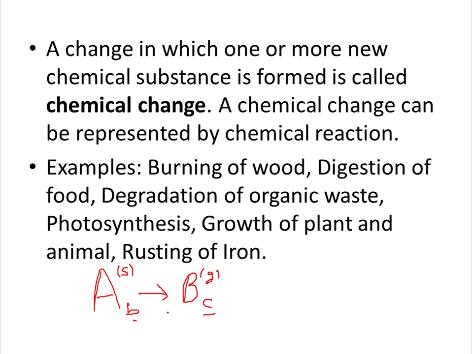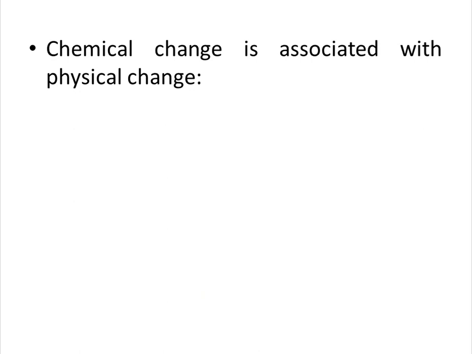So if A is changing into B, then the physical properties will also change. Why is it happening? Because A has a different set of physical properties and B has a different set of physical properties. So when a chemical change occurs, there is always a physical change.